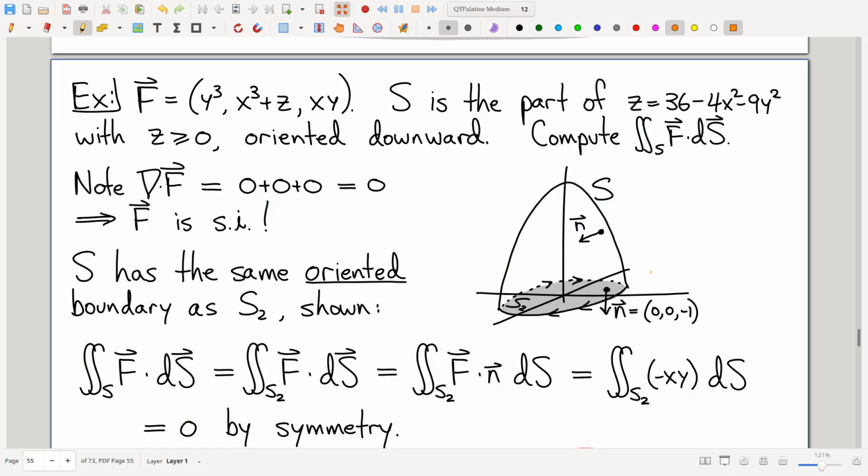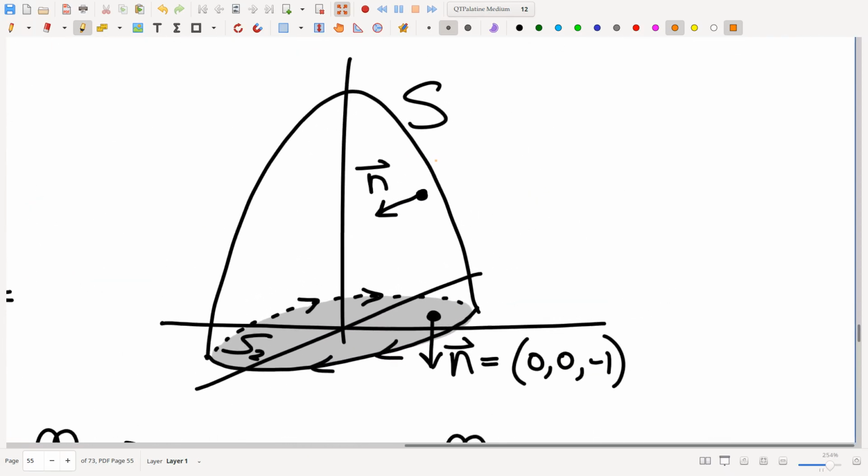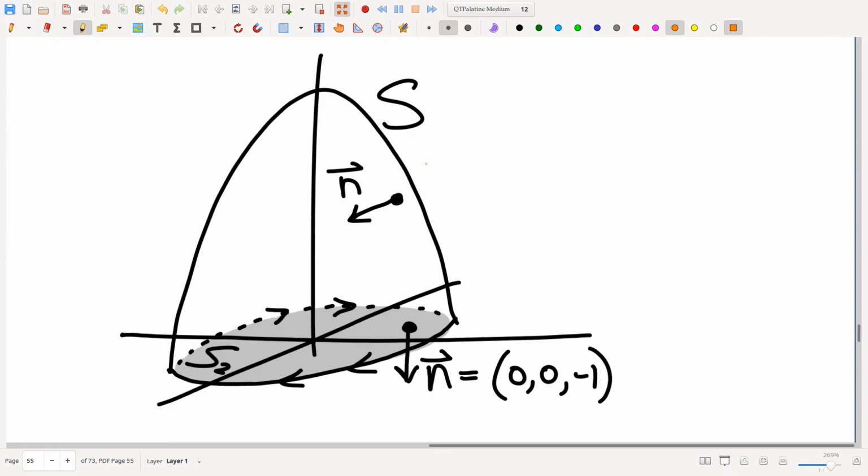I'm going to zoom so we can see this better. So again, we have this surface like that, oriented toward the z-axis that was given. Let's ask, what is the orientation that's induced on the boundary? You have to remember, we have an arbitrary but standard convention on this, and you just got to follow the rule.